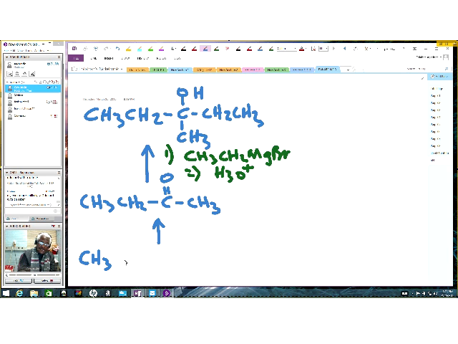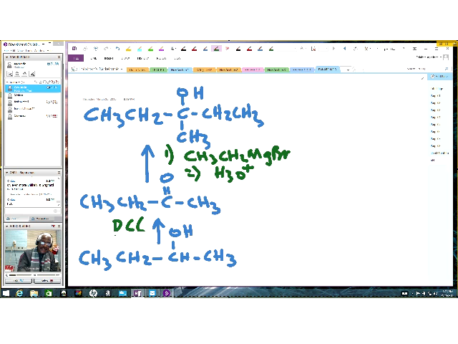And what do we need to use for the reagent for this? We use PCC. Keep in mind PCC will take you from a secondary alcohol to a ketone. PCC is one of those reagents that they gave us to use.